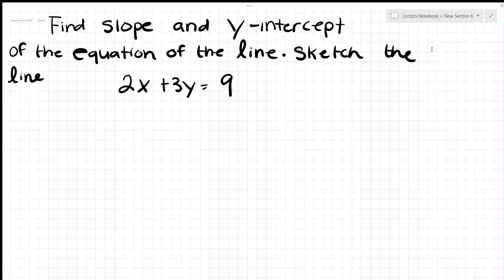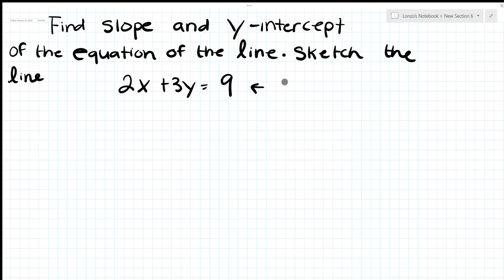It says find the slope and y-intercept of the equation of the line. Sketch the line. Okay, so what I'm going to do is graph it in 2 ways because I really want you to understand how to graph a linear equation, and you have 2 ways to graph it. So what form is this? 2x plus 3y equals 9.